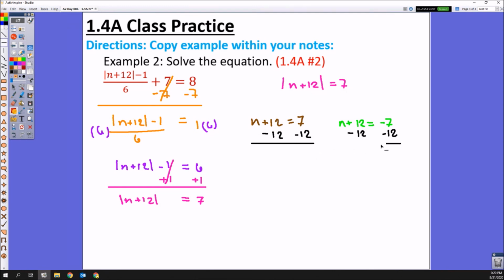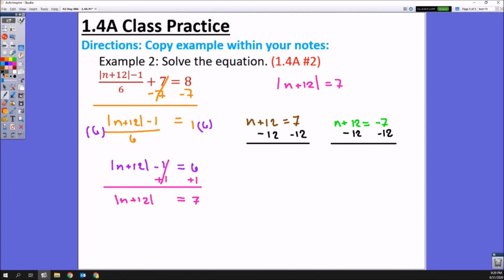So when I'm solving, I'm going to have n equal 7 minus 12. That's going to come out as negative 5. And then here, n equals negative 7 minus 12, same sign. I'm going to combine the numbers and keep the sign. So my two answers are n sub 1 is negative 5 and n sub 2 is negative 19. So let me write it over here.